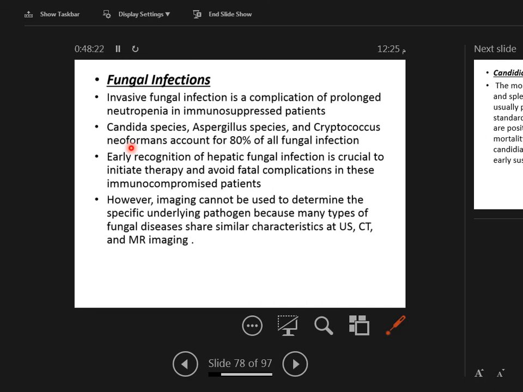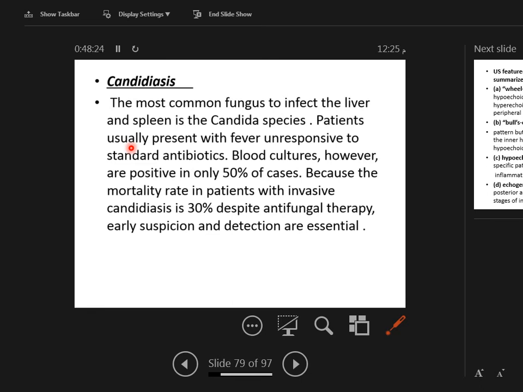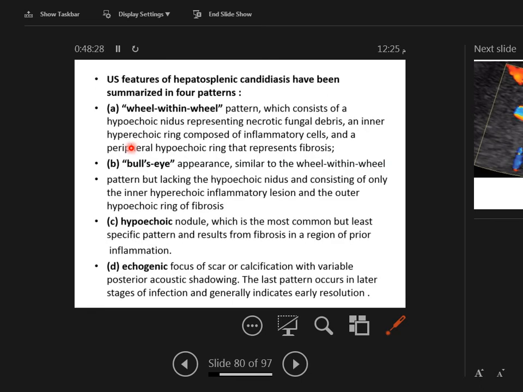Fungal infection. We have candidiasis, one of the most common. Ultrasound can be summarized into a wheel within wheel pattern, which consists of a hypoechoic nidus representing necrotic fungal debris, an inner hyperechoic ring composed of inflammatory cells, and a peripheral hypoechoic ring representing fibrosis.